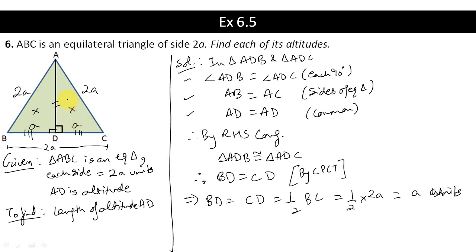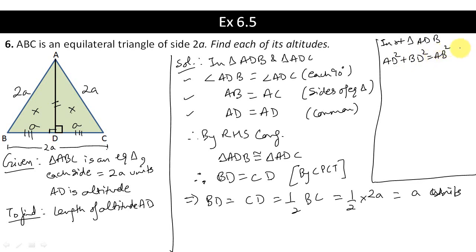Now I have to find the length of AD. So in right triangle ADC or ADB, whichever triangle I can use. So in right triangle ADB, AD square plus BD square is equal to AB square by Pythagoras theorem.